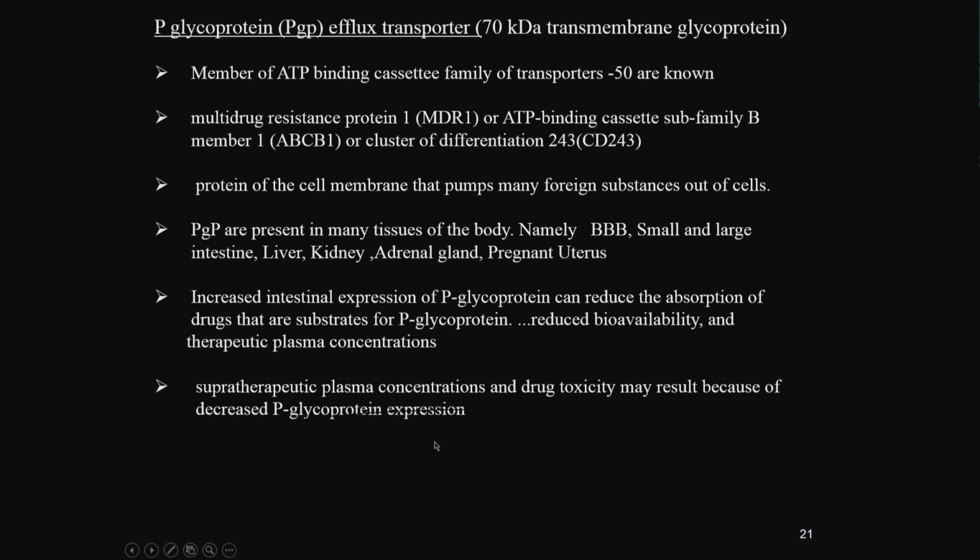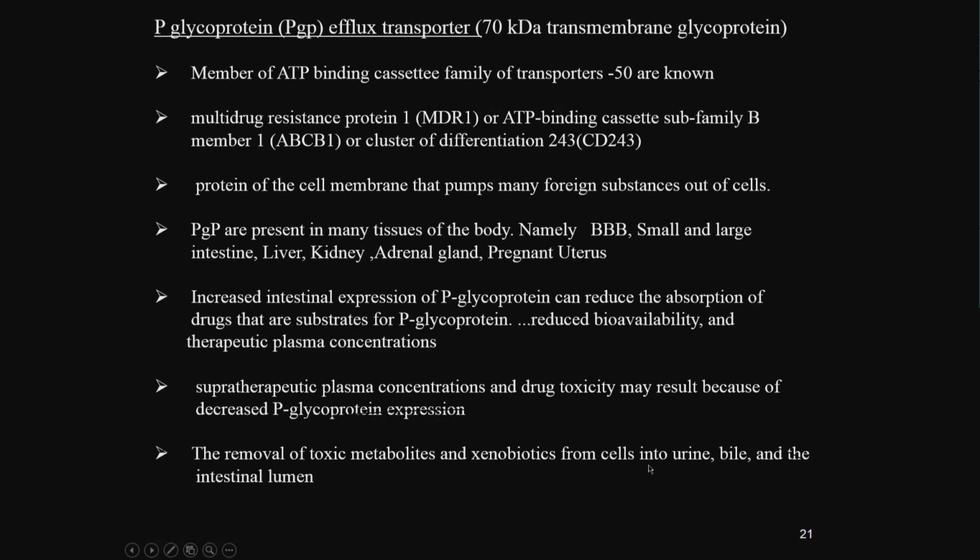If the glycoprotein expression is low, the amount of the drug may go up, leading to higher plasma concentration or even toxicity. So, people who have large expression of PGB may have lower concentrations of the same drug in the plasma, and those with low expression may have higher concentrations.